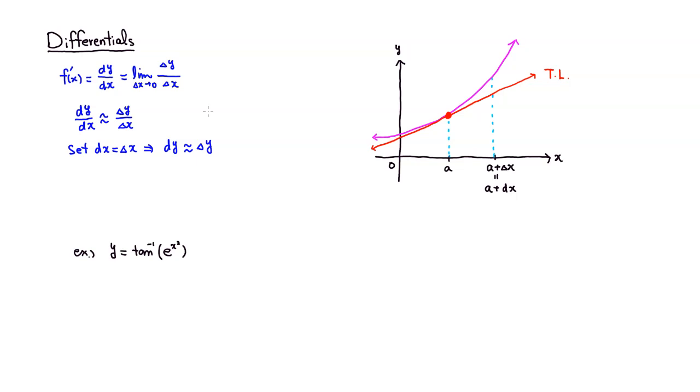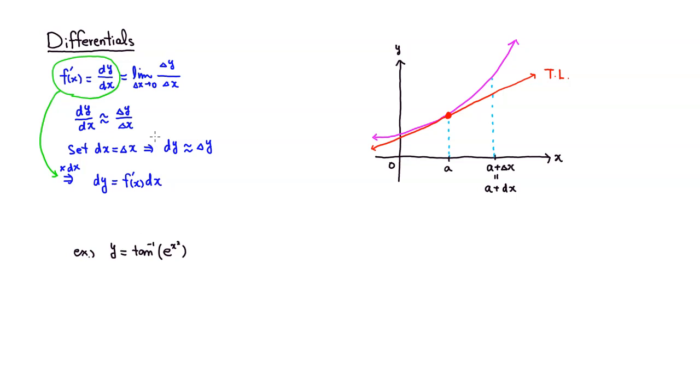And dy can be found by doing this. This is actually treated like a fraction, and from this equation, we can simply multiply both sides by dx. So you get that dy is the same thing as f prime of x times dx.